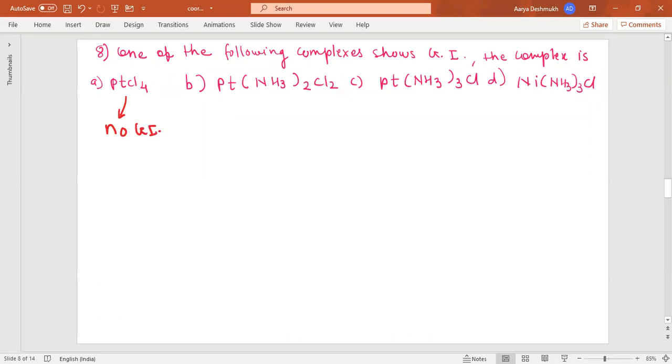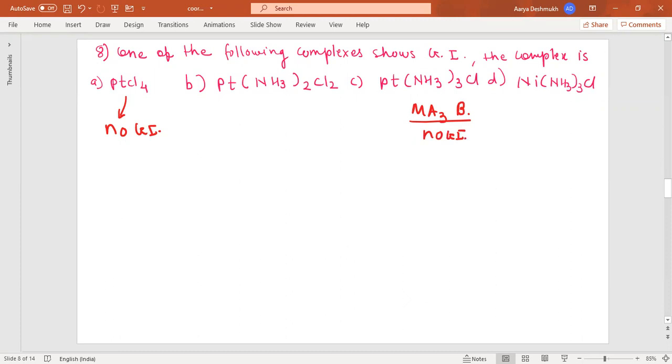Now for this Pt(NH3)2Cl2. Before going to this, just come here, Pt(NH3)3Cl. This is an Ma3B type of complex. So for this again, no geometrical isomerism. So we'll have to remember some of the points.